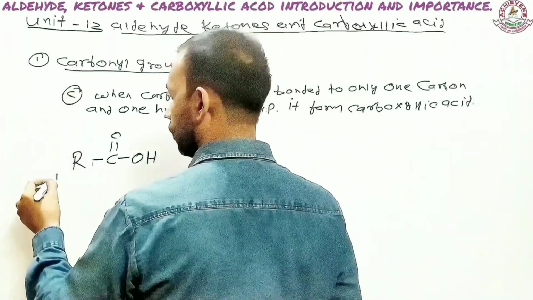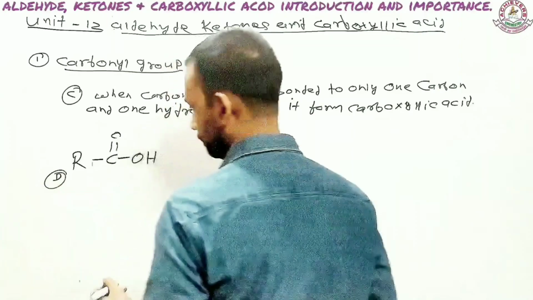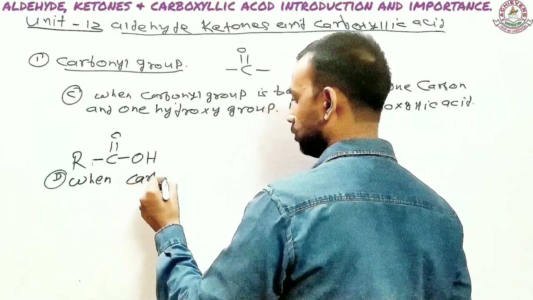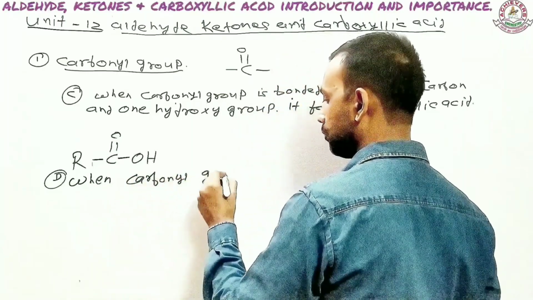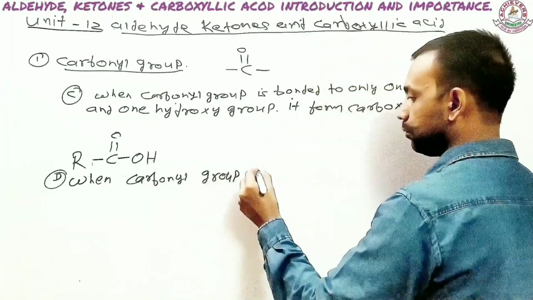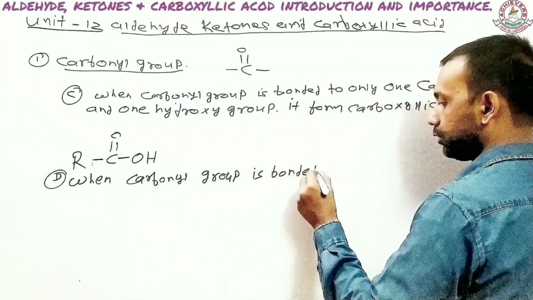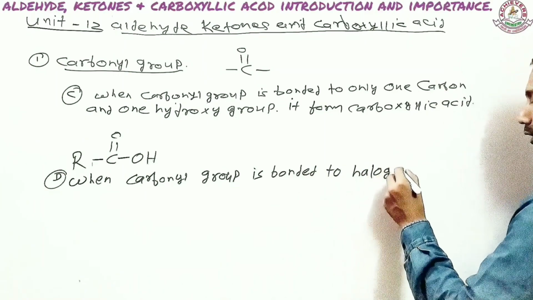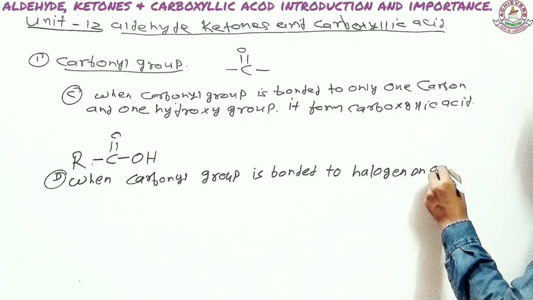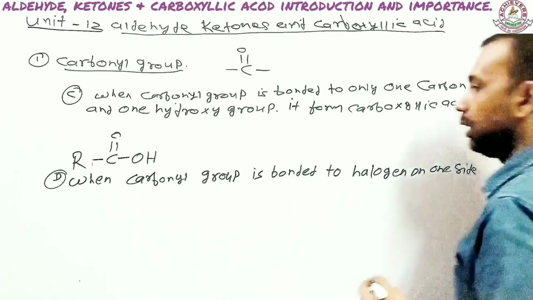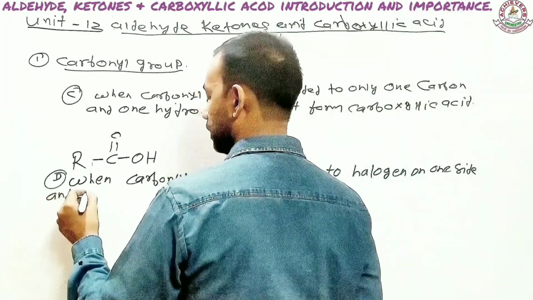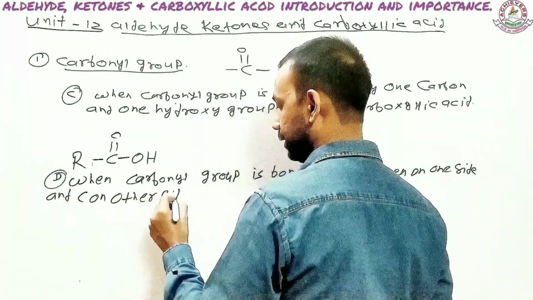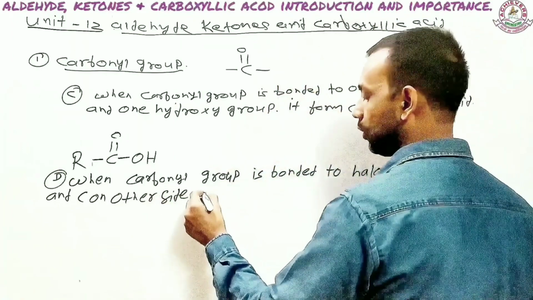Now let's talk about the fourth one. When the carbonyl group is bonded to a halogen on one side and carbon on the other side, it forms acid chloride.